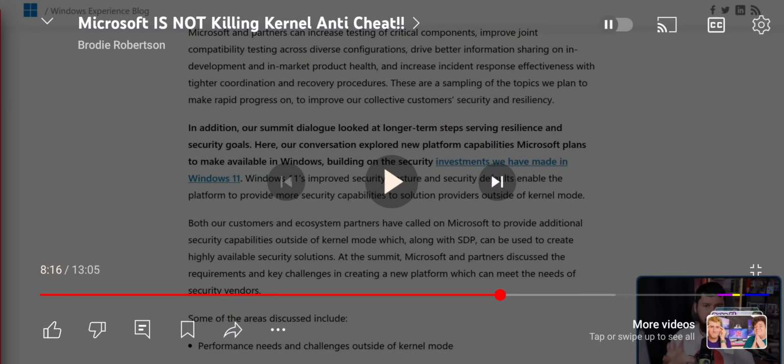A lot of cybersecurity solutions like ESET and Malwarebytes, a lot of these antiviruses, rely on kernel level access to protect the operating system from malware. Anti-cheats are very similar in that sense, but designed to prevent cheating.